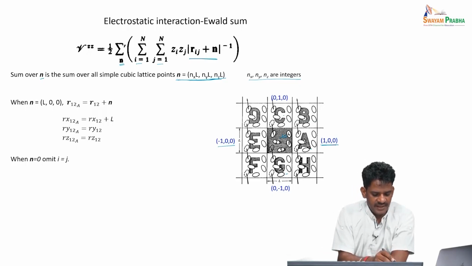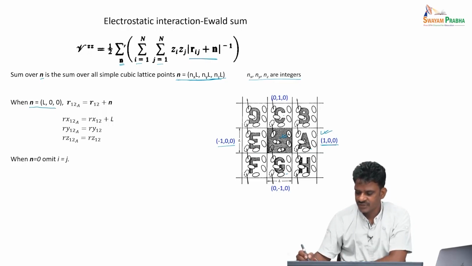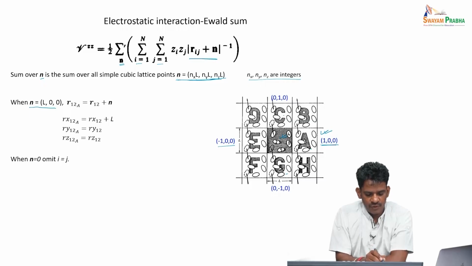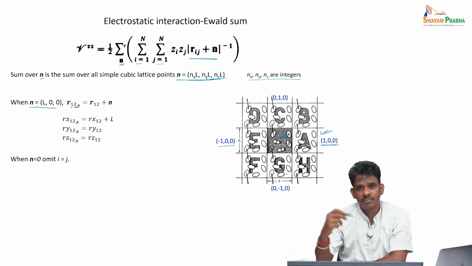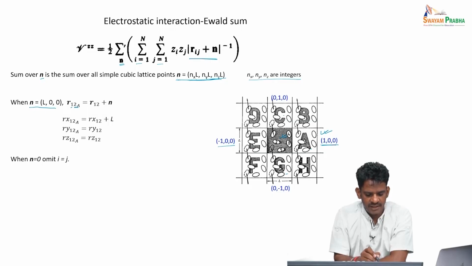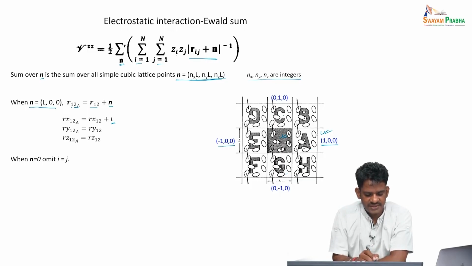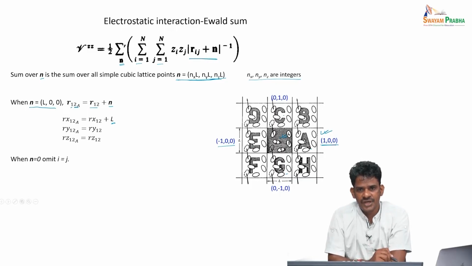Suppose I take n to be L, 0, 0, that means I am talking about the simulation box A. So if you want to calculate the distance between ion 1 and ion 2 in the periodic box A, we say that as R12A, and that is given by this expression, which is R12 plus n, and n here is basically adding only to the x component a factor of the box length L, whereas the y component and z component do not change.